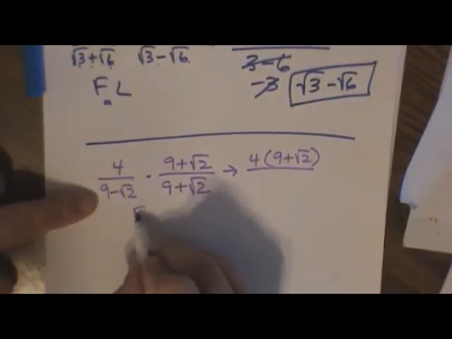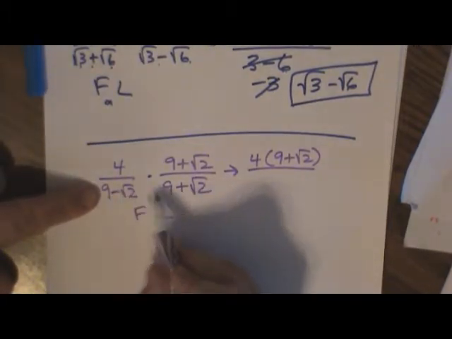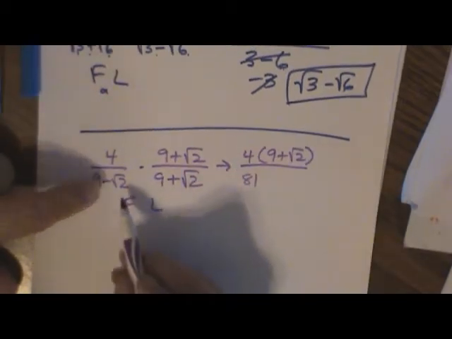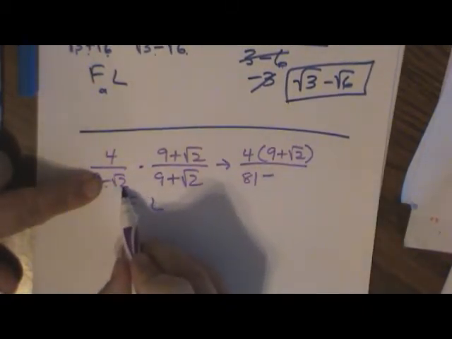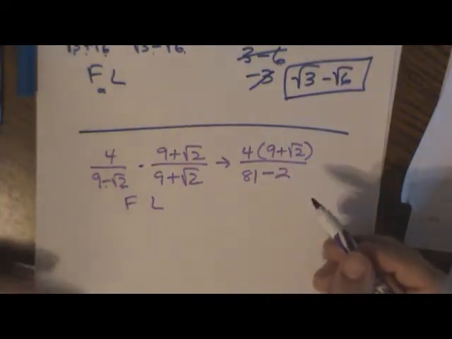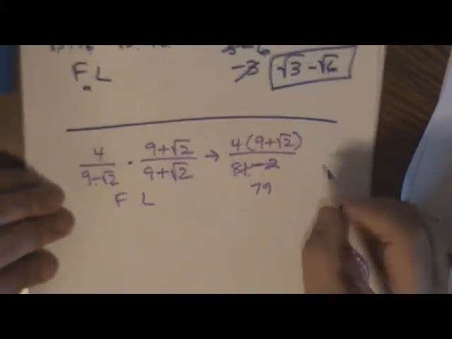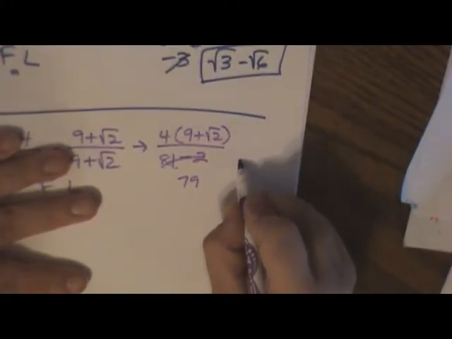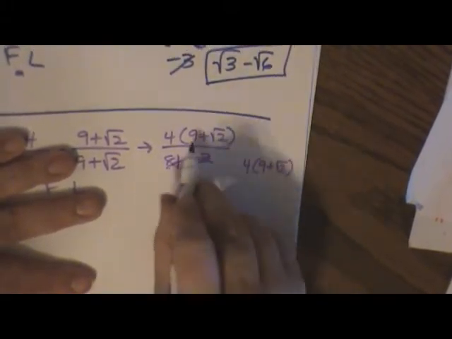And we're going to do the full on this one because the outer and inner terms will cancel. 9 times 9 is 81. And then we have a negative here because negative times positive is negative. And then the 2's inside will pull out just 1 2. So 81 minus 2 is 79. So our answer for this one is, and you can leave it factored, you don't have to distribute the top.